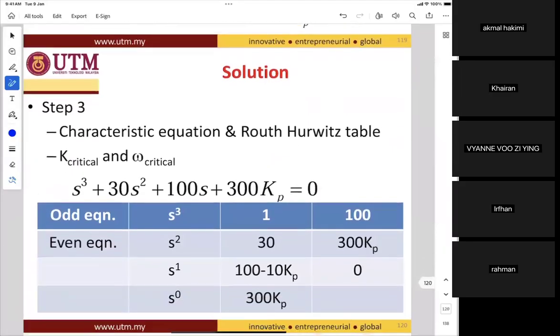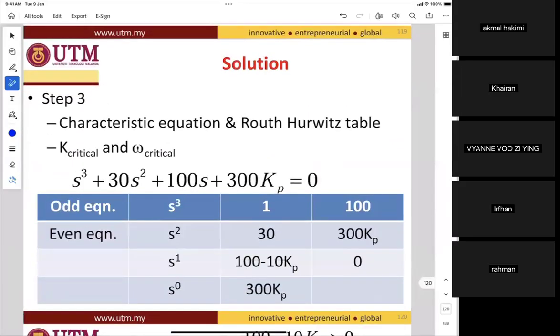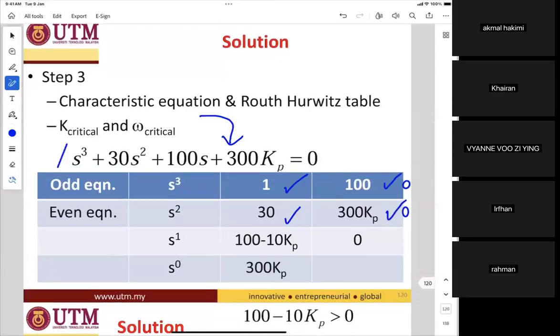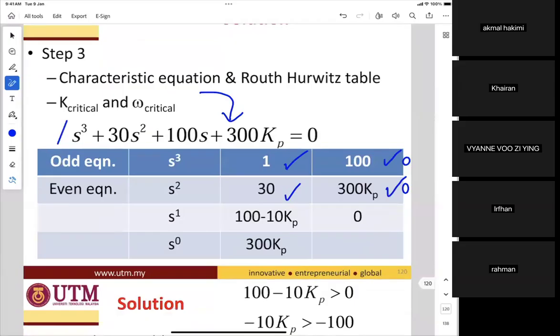So we insert the characteristic equation: 1, 30, 100, and 300 Kp. Side by side, this one is a 0. Continue with the fill up, this one and this one, because we are going to find the K critical, which is KU, and omega critical, which is omega U.